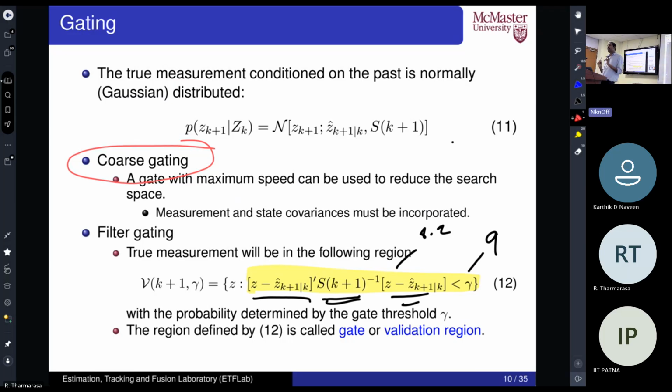So the main problem with filter gating is this: for each measurement we have to find the S inverse. And every measurement can have a different R because of the converted measurement. So for every measurement you have to find the S and its inverse.